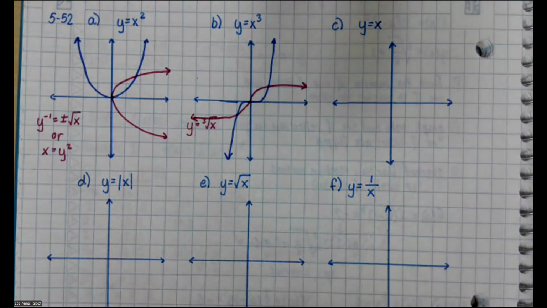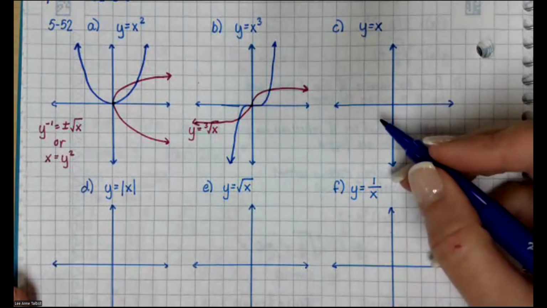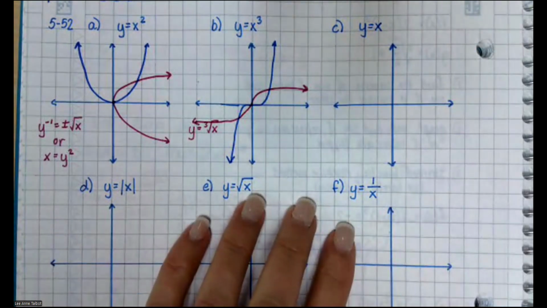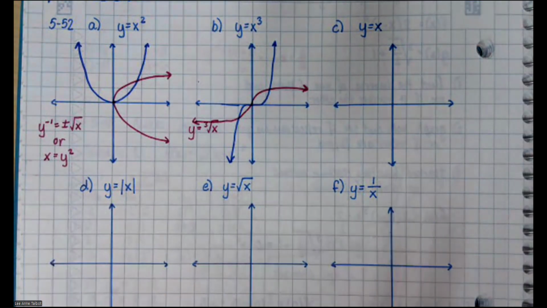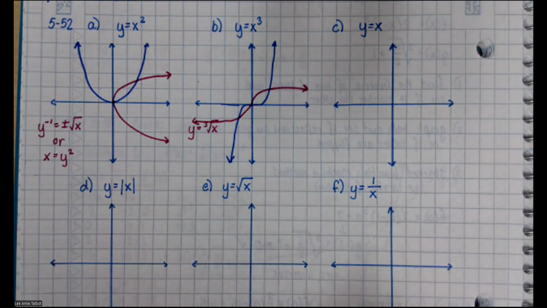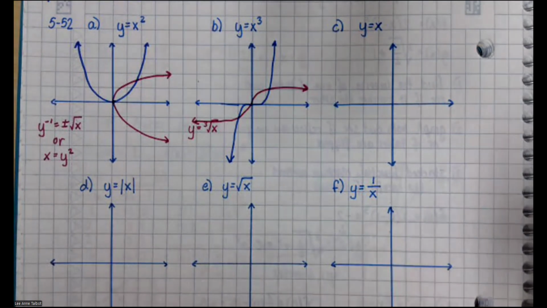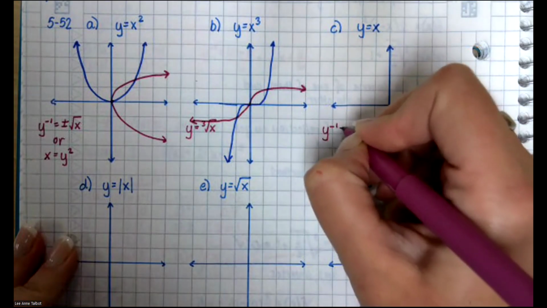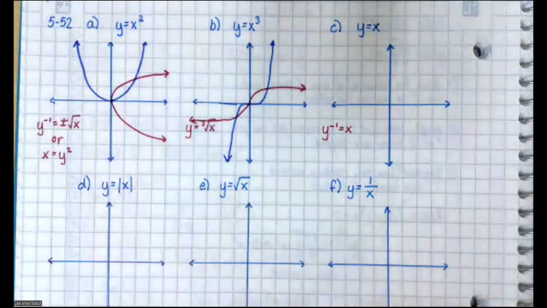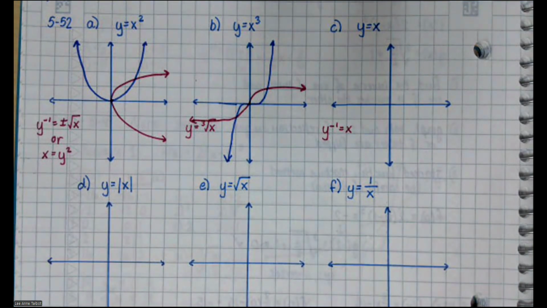Okay. Now, y equals x is a line. What's the inverse of a line? A line. Okay. So x equals y. This one is weird.